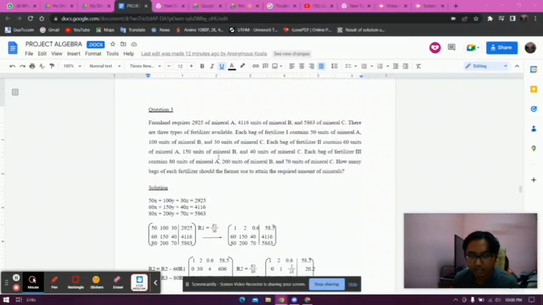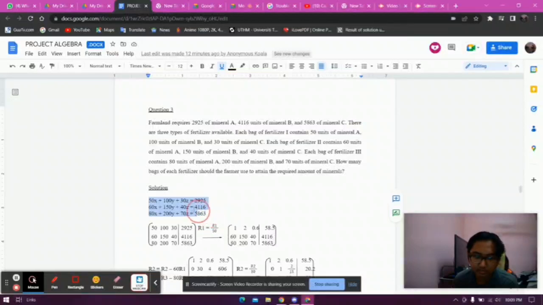So from the question, we got this equation, and we make it like this. Okay. Next, the first column, first row, we make it 1. So we divide row 1 by 50, and we get 1, 1.2, 0.6, 58.5.